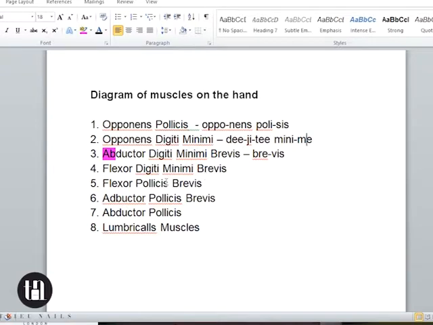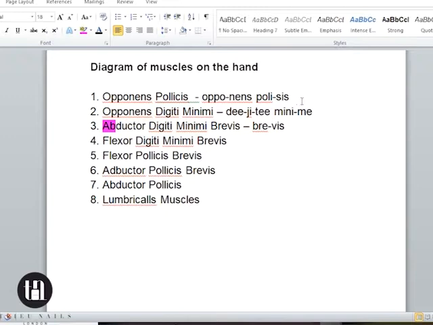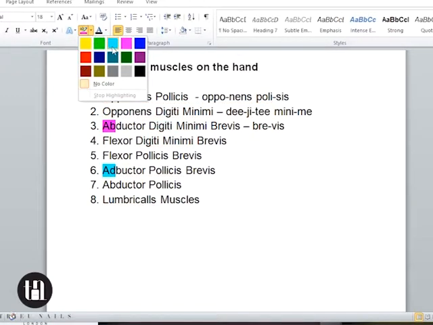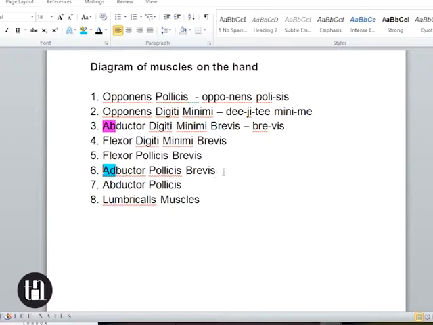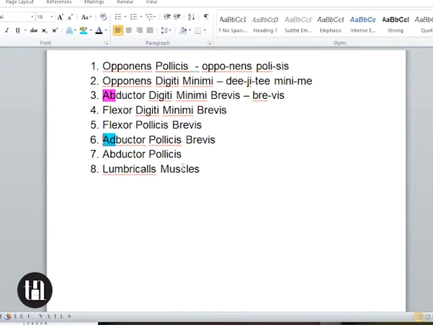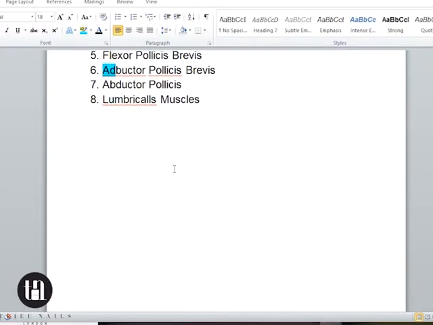We then have the flexor digiti minimi brevis, the flexor pollicis brevis, and now we have the adductor. So not ab, but ad. So it's slightly different. Adductor pollicis brevis, the abductor pollicis, and the lumbricals muscles.